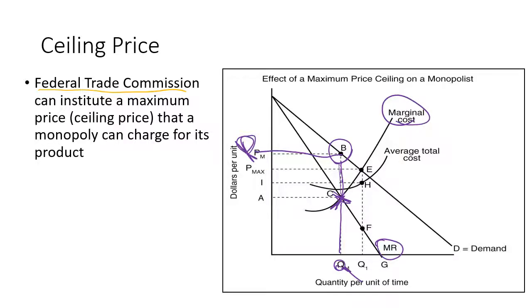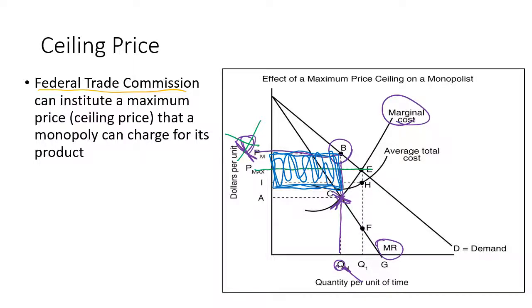Now the government comes along and says, actually, you cannot set your price at that level. You can only set it at this level. So now their original profit, let's see where their cost is. Here's their cost. So their original profit, above the average total cost at that quantity, would have been the area of this box.